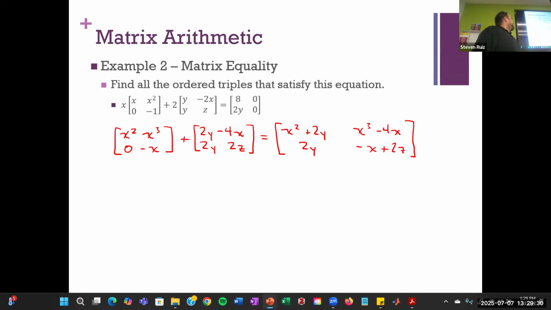Okay, so it looks like everything we've done so far deals with the left-hand side, right? So still want to know what x, y, and z are equal as far as I can. So where can I go from here?